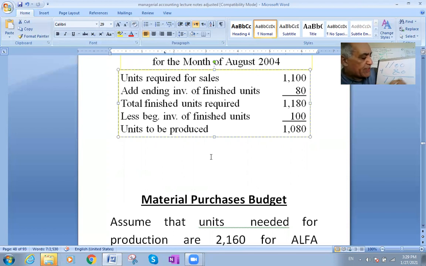So all will come to 1,180. Then you deduct from them the 100 which you already have, the 100 finished units you started with in the beginning. The units you need to produce will be 1,180 minus 100, which is 1,080 units.